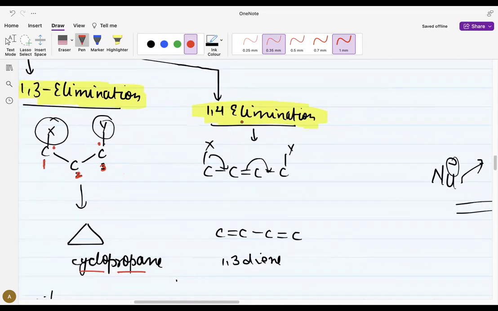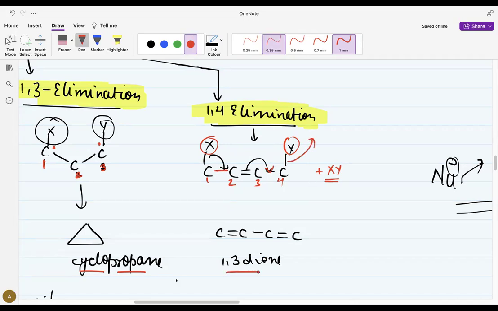Fourth one is 1,4 elimination. 1,4 means, let's say you have X and Y on the 1, 2, 3, 4th positions. X and Y will be removed. If X and Y are removed, this single bond will become a double bond. This double bond will shift onto this single bond and Y will be removed.